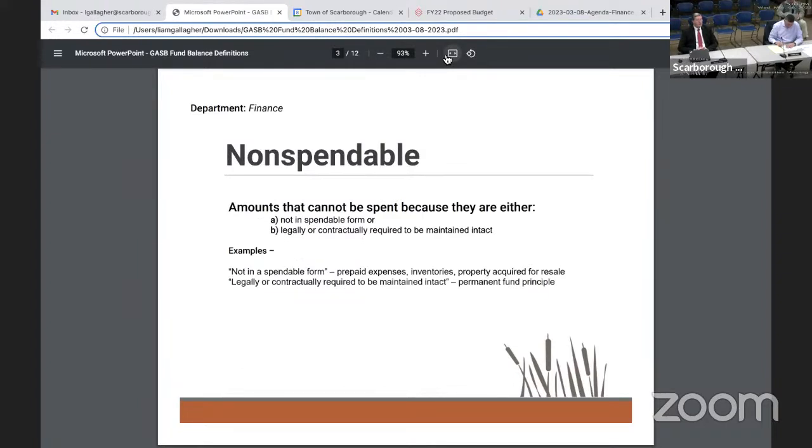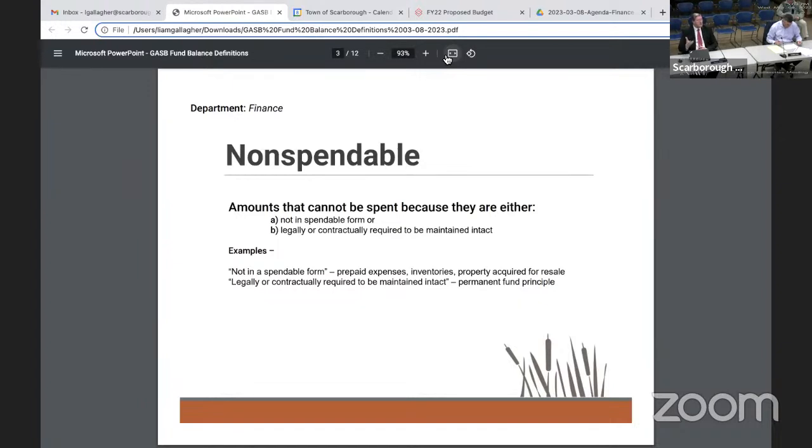So the first category is non-spendable, and I've tried to bold the text that I've lifted out of GASB 54. So hopefully that comes through on the audience. Amounts not spendable because they're either not in a spendable format or they're legally or contractually required to remain intact.